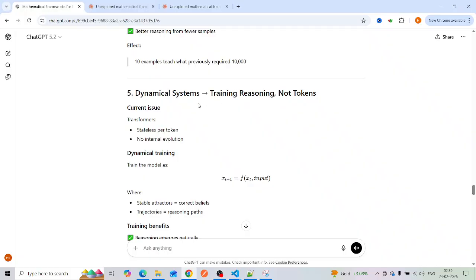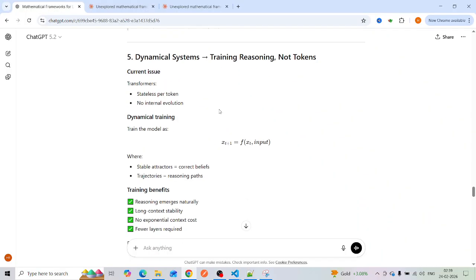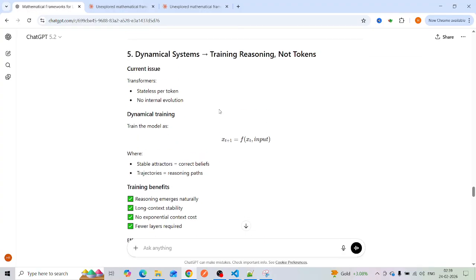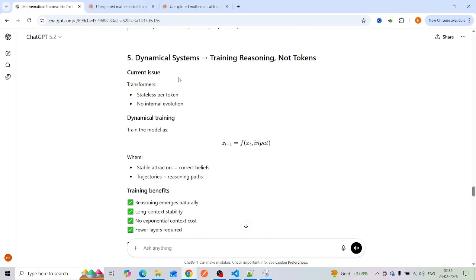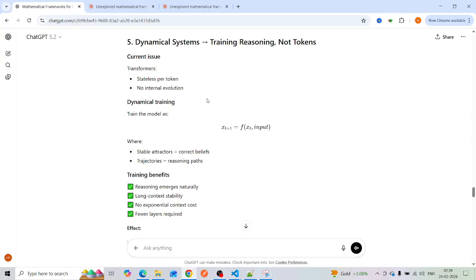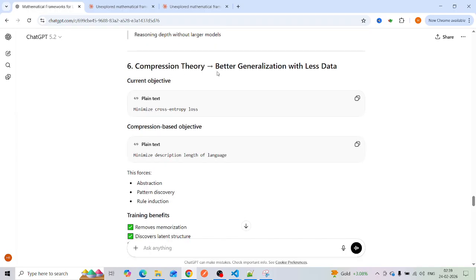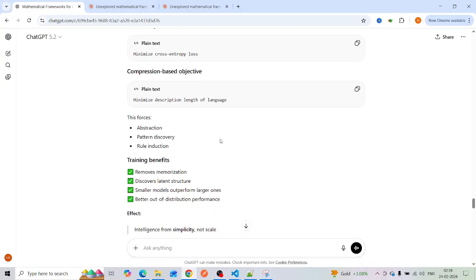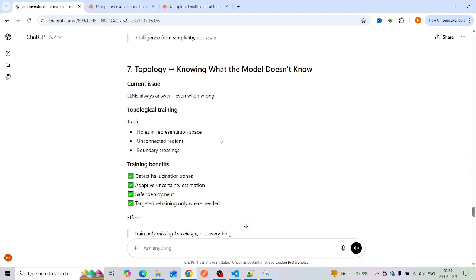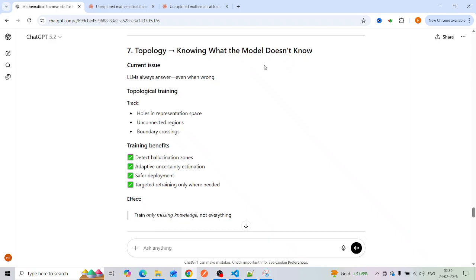Then we have category theory, learn structure once, reuse forever. And we have dynamical systems, training reasoning, not tokens. Then compression theory, better generalization with less data. And topology, knowing what the model does not know. Interesting, LLMs always answer even when wrong.